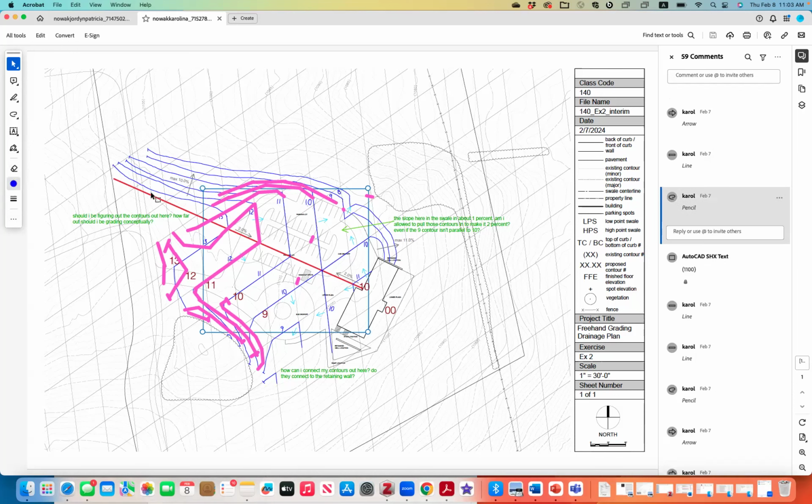And then the next one is 7. 7, it's somewhere here. Yeah, so you can see that it's getting pretty steep in this area.